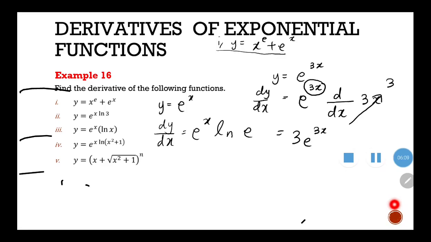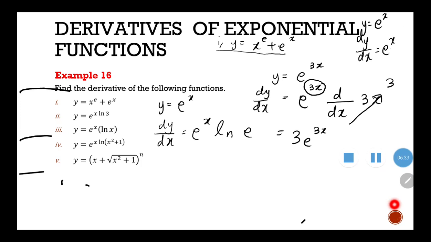Can you understand, guys? Okay, so whenever you have to derive exponential function, you have to remember the dy/dx of e to the power of x is also e to the power of x.